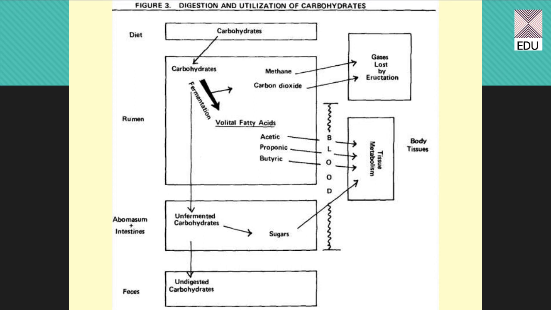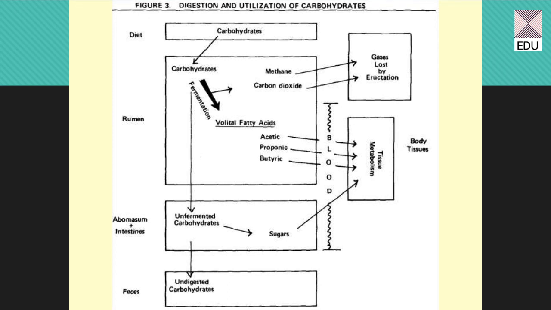In this particular figure, you can see the digestion and utilization of carbohydrates. Here the diet is carbohydrates. They are taken into the rumen, where fermentation of carbohydrate occurs. Three things are formed.